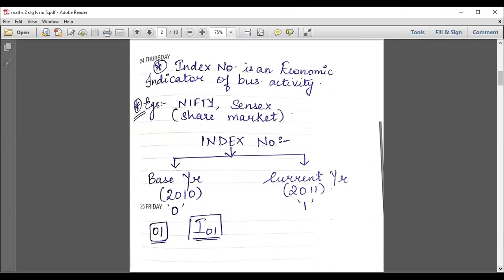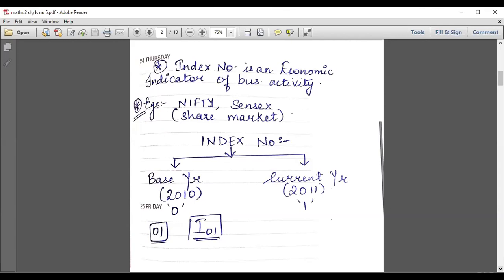To relate this concept to our practical life, here I've written some examples, Nifty and Sensex. Have you all heard of this before? Correct. Nifty and Sensex are the indicators which are used in share markets. You must have seen they use two colors, green and red. The triangle is the logo which they use.